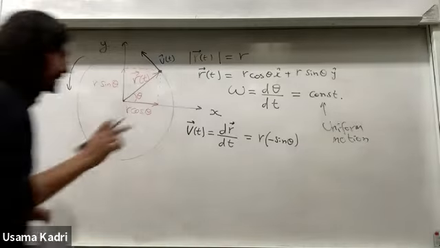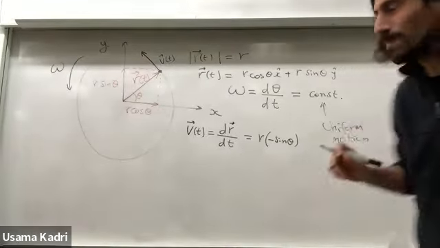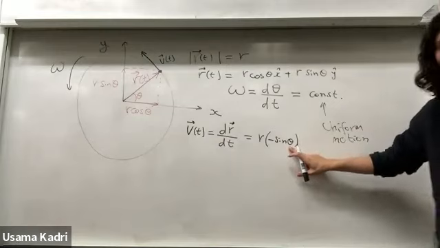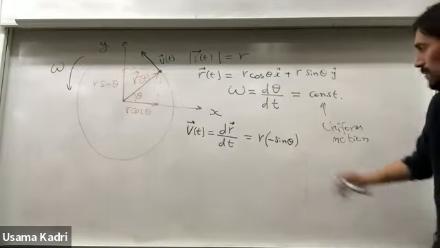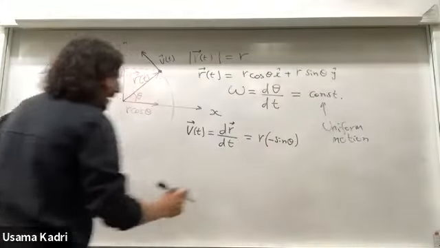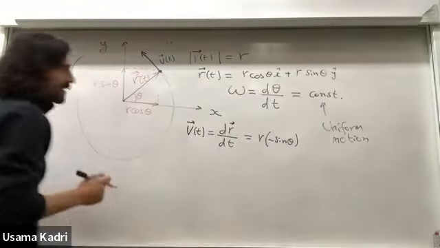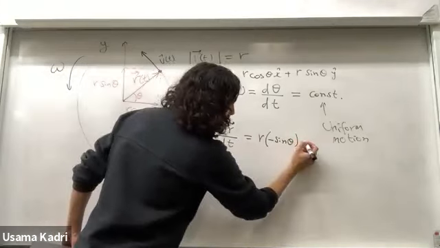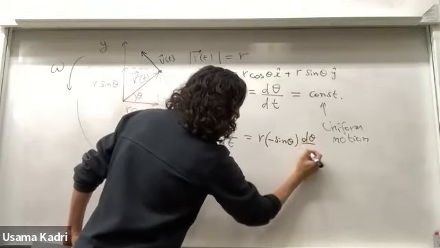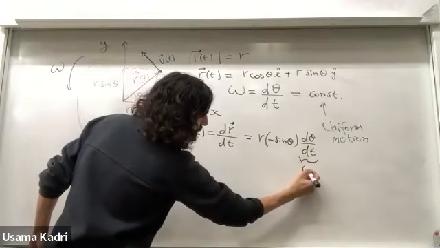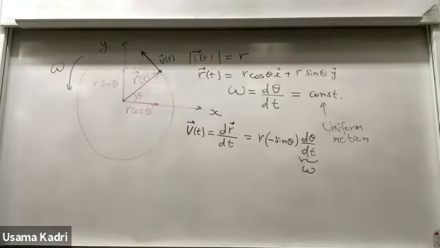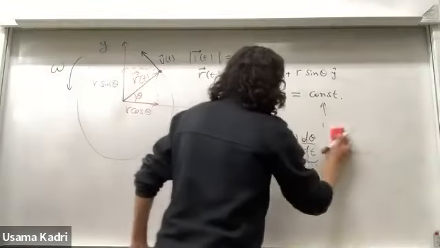Oh, yes. You have to remember that theta is a function of time. Now, because theta is a function of time, we have to take the derivative also of theta. So that is d theta dt. I'll write it here now. So d theta dt, but this is given as omega. We're going to replace it by omega later on. And this is in the x direction.